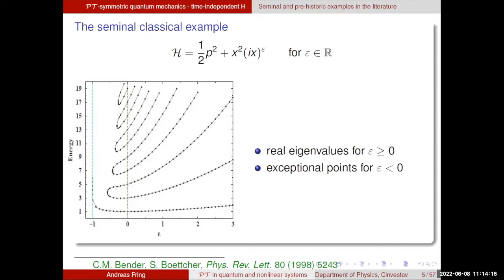Which is surprising initially, because if you take epsilon equal to 1, you have i x cubed, and that's not a Hermitian Hamiltonian. So according to standard wisdom more than 20 years ago, you would not have expected to find real eigenvalues. They were quite surprised to see that.